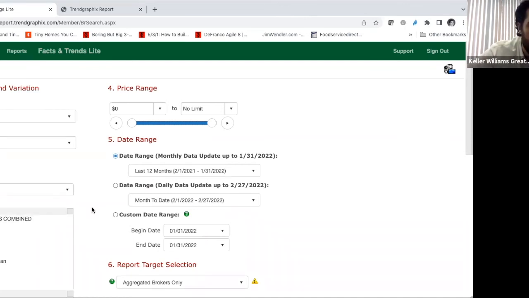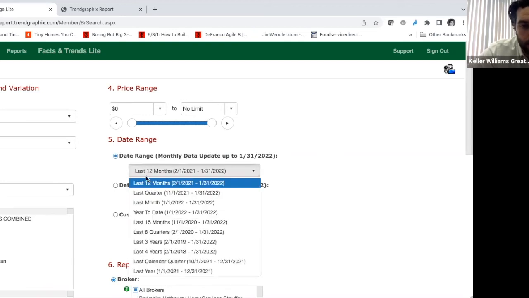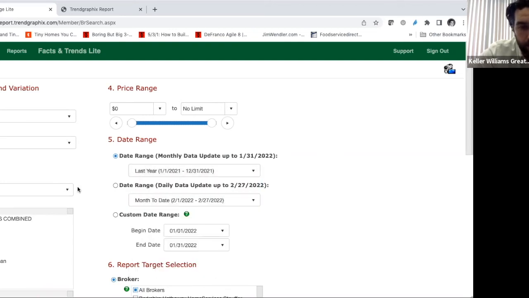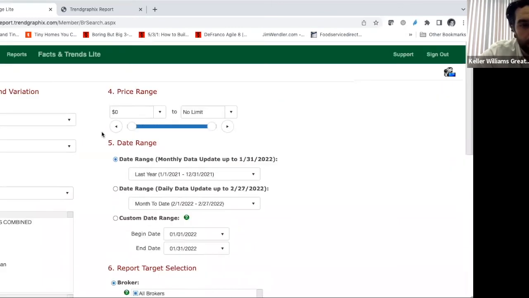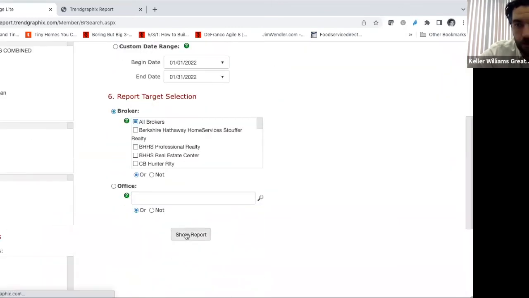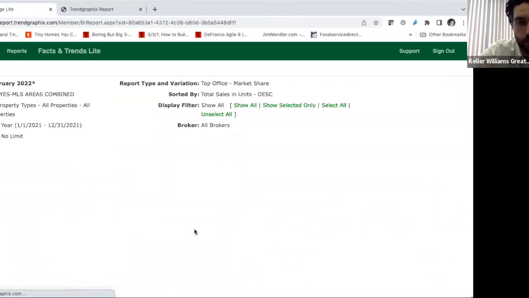So let's go office. Let's look at our office, and let's go last year. You can pick a specific office, or you could just show the full report.